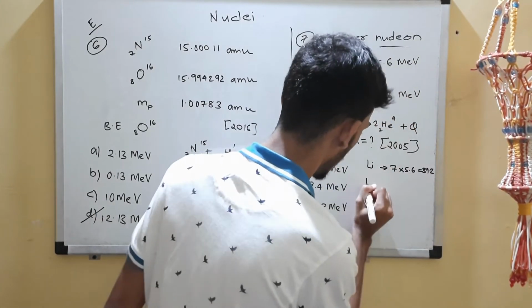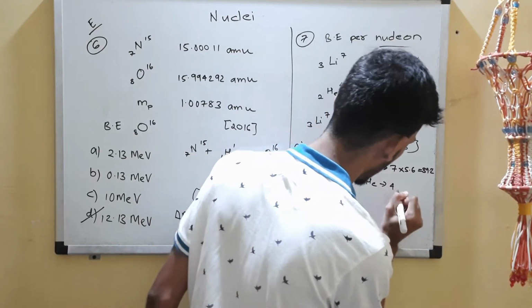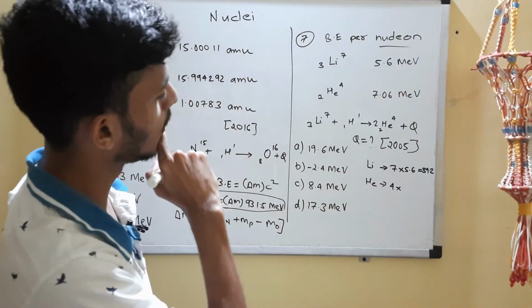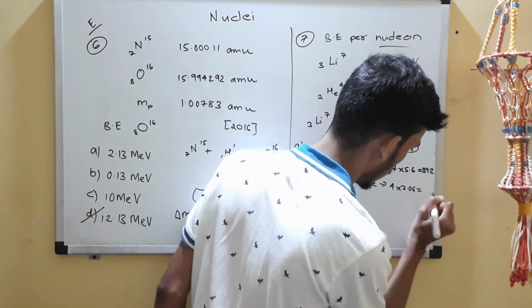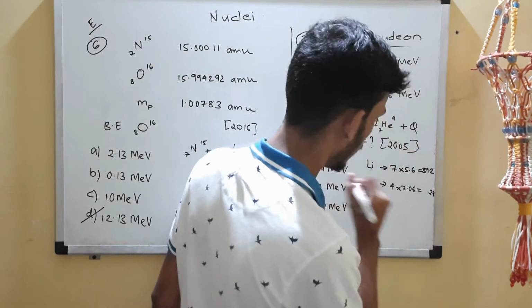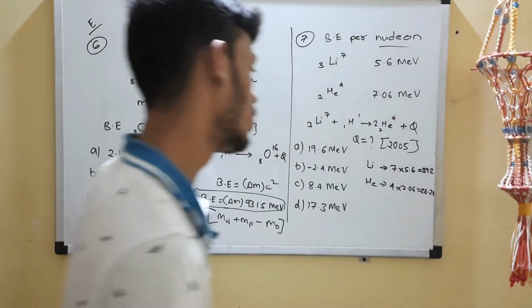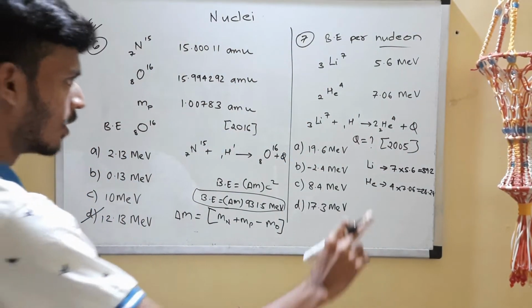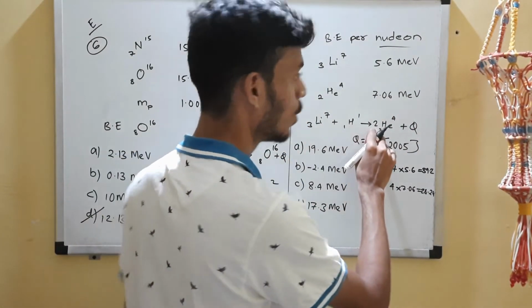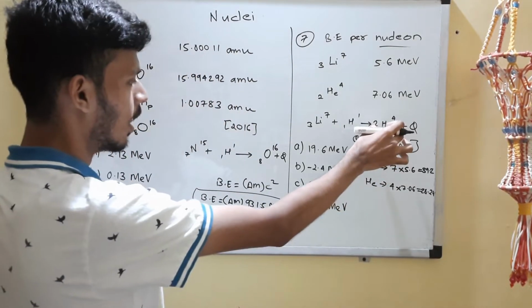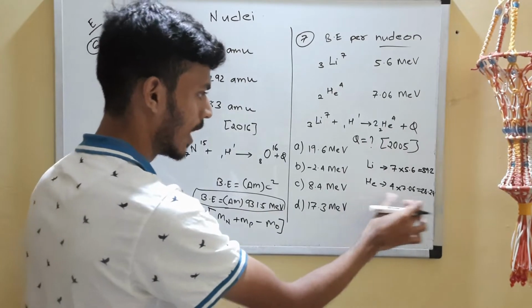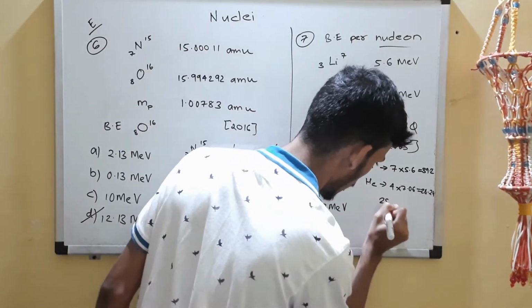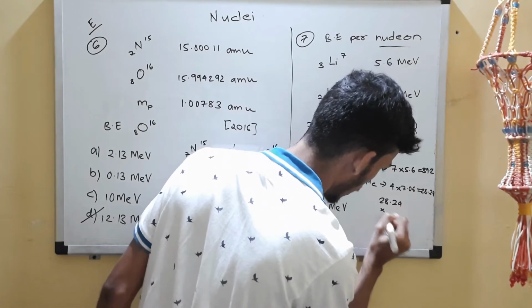And for helium, it's 4 times of this 7.06, 7 6 are 24, and 7 4s are 28, 28.24. Now be careful, in this reaction you can see two helium atoms, right? So basically you have to multiply this answer with 2, so 28.24 into 2.